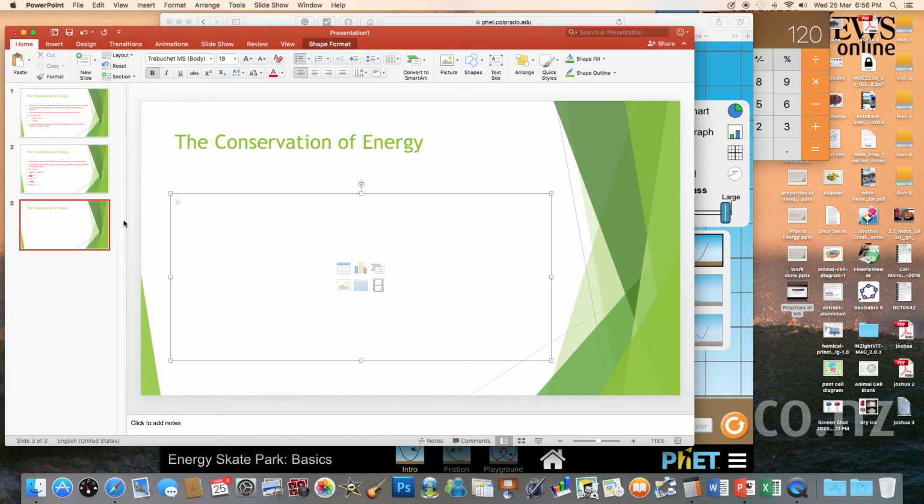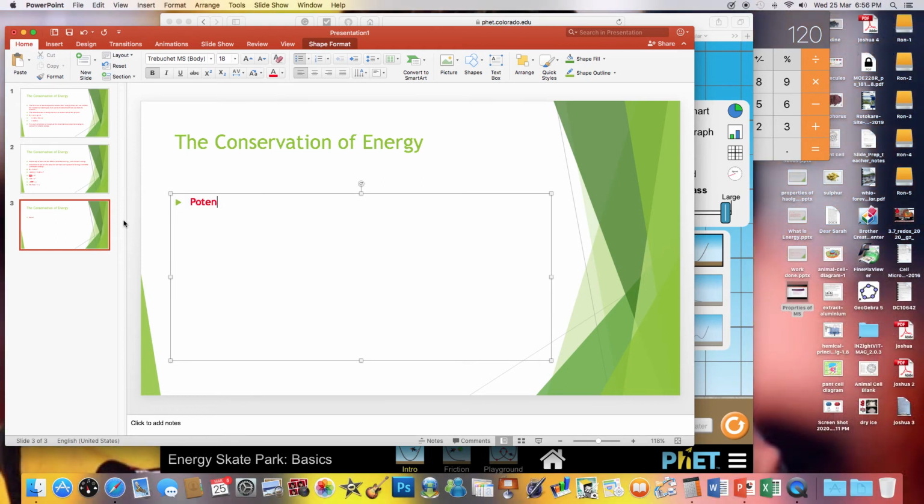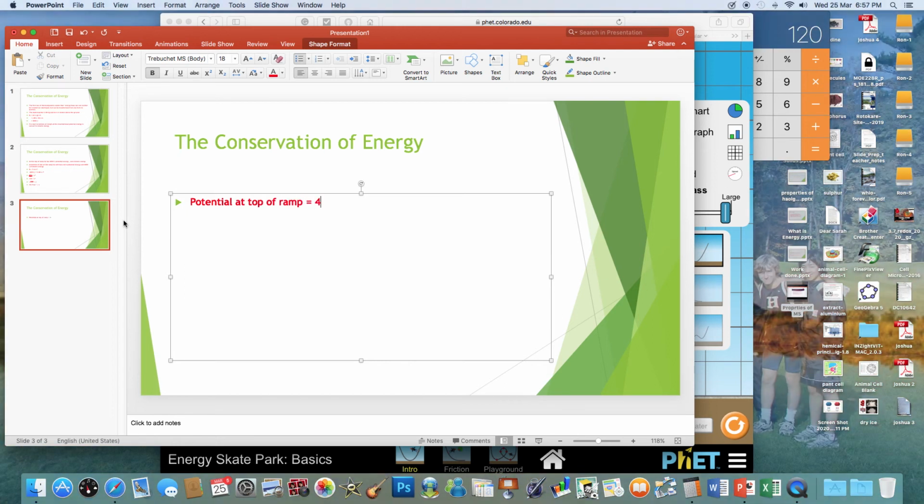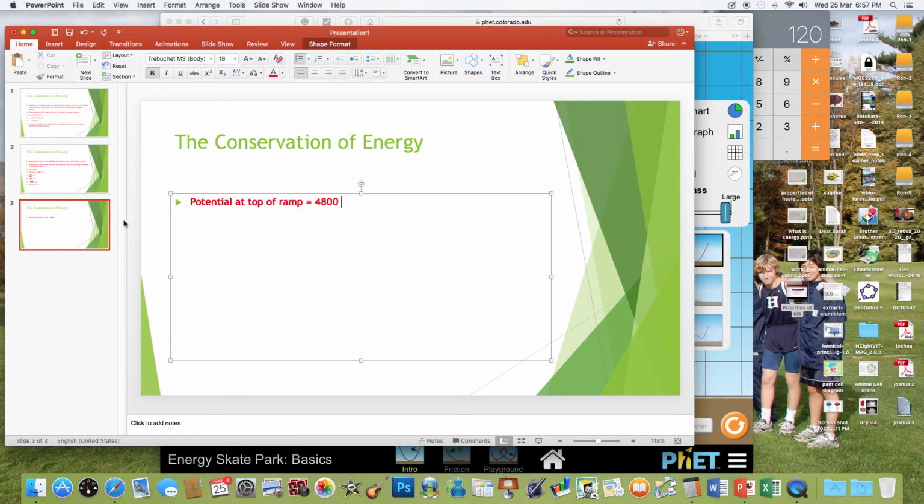So potential energy at top of a ramp equals 4,800 joules. I don't need to do that calculation.